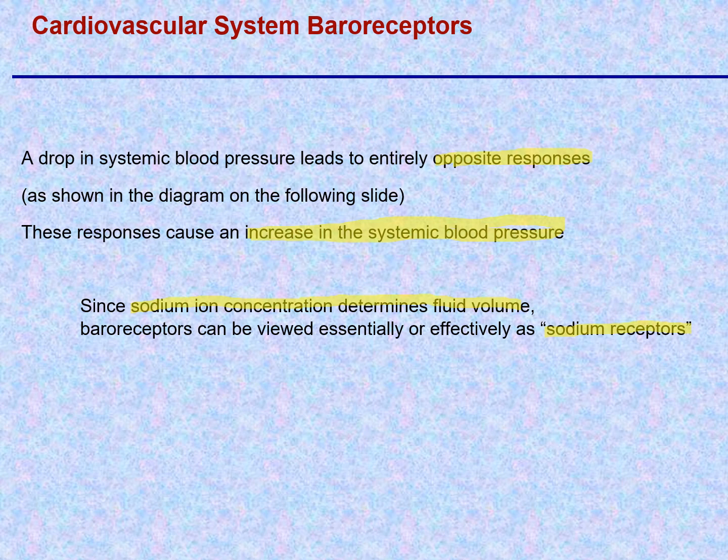Or the opposite, which is shown here on this side: if you have too low a blood pressure, you'll get responses that result in an increase in fluid volume and increase in systemic blood pressure. In other words, it's really all responding to sodium levels.